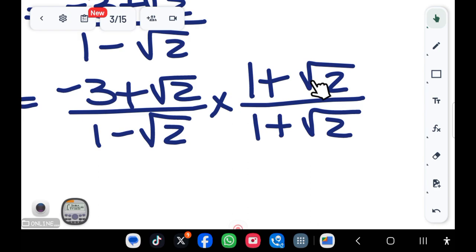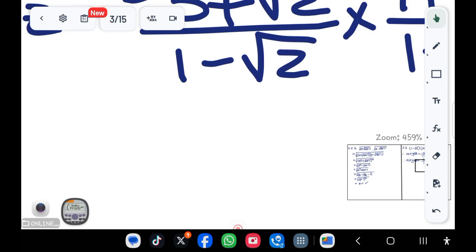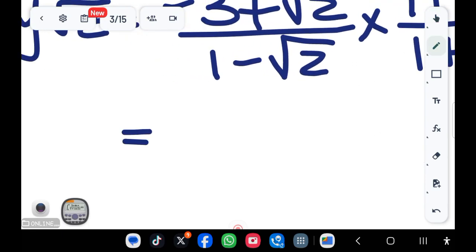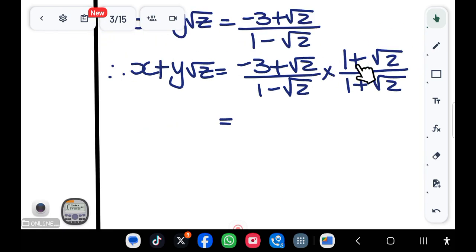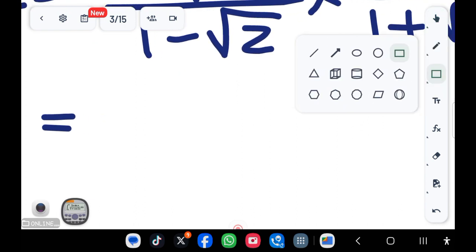This is not changing anything because that over that is simply 1. So basically you're not changing anything because you're multiplying by 1. All you're doing is you're changing how this looks, but you're basically changing nothing. And now we apply the laws of multiplication. So this one at the top will be multiplied by this one, and the one at the bottom will be multiplied by its difference of two squares twin.